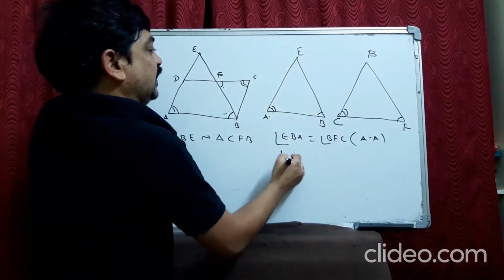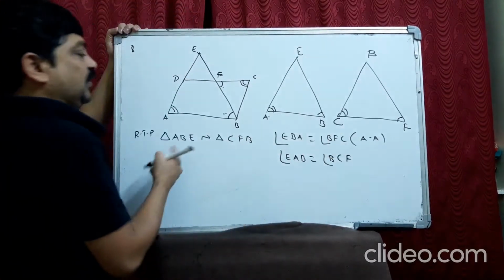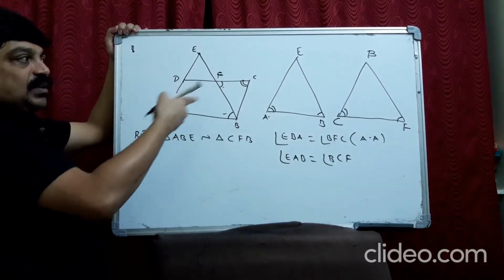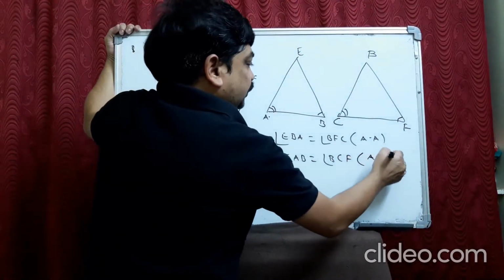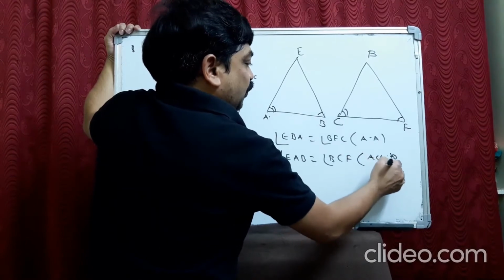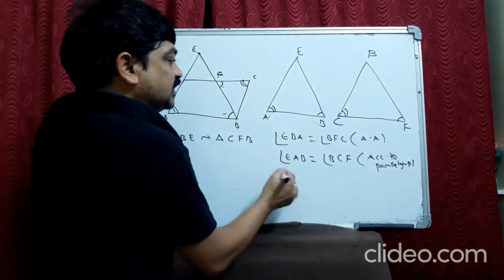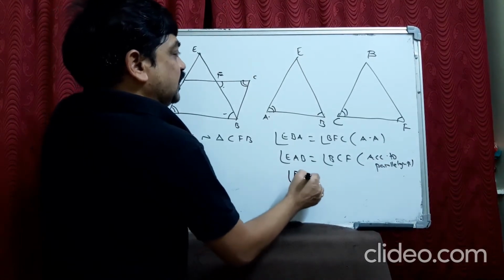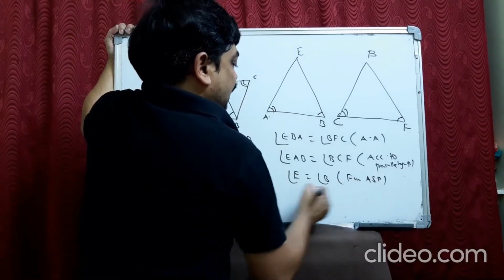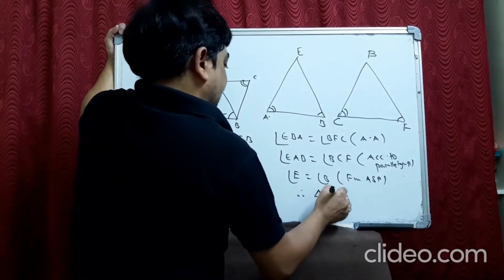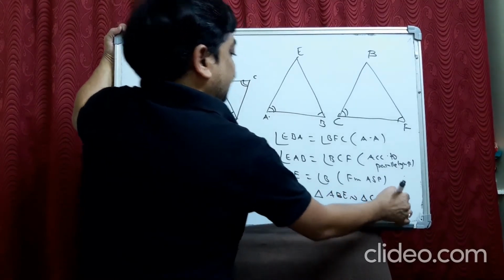Angle EAB is equal to angle BCF because from parallelogram, opposite angles are equal, according to the parallelogram property. Therefore, when two angles are equal, the other angle E is equal to angle B from angle sum property. Therefore, triangle ABE is similar to triangle CFB. Okay?